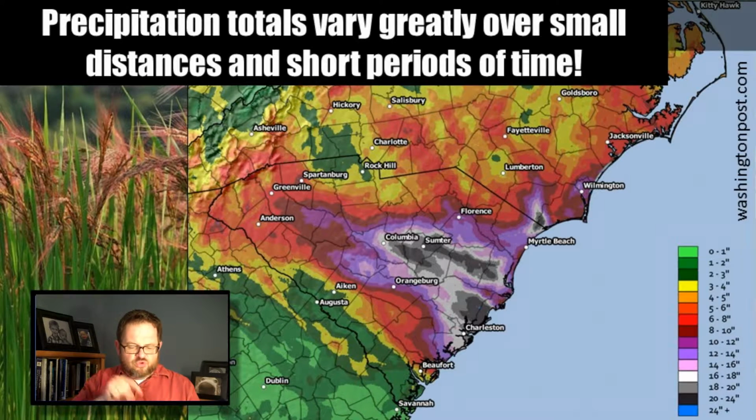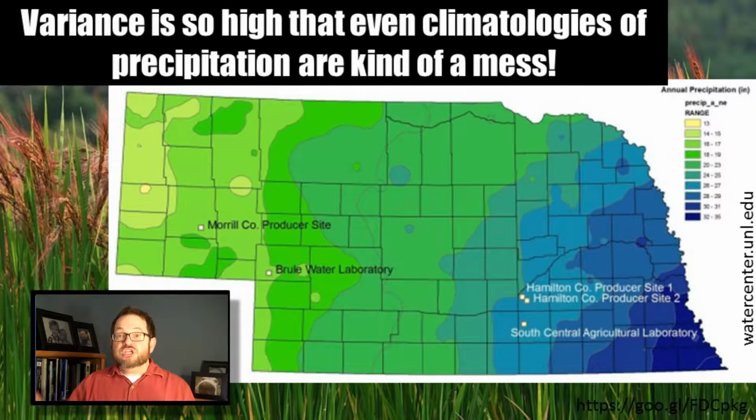If you are looking at the precipitation at some station and you wonder what it rained 5 miles away, it could be quite different. There's so much variability with respect to space and time in precipitation and in cloud cover that it's very hard to have a sampling strategy that actually holds up under any kind of rigorous scientific statistical analysis. The variance in precipitation is so high from one event to another that even a 30-year climatology of precipitation is still kind of a mess.